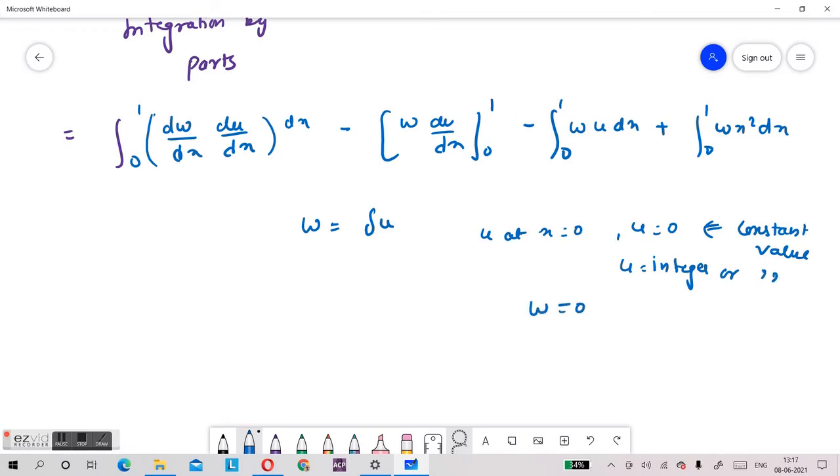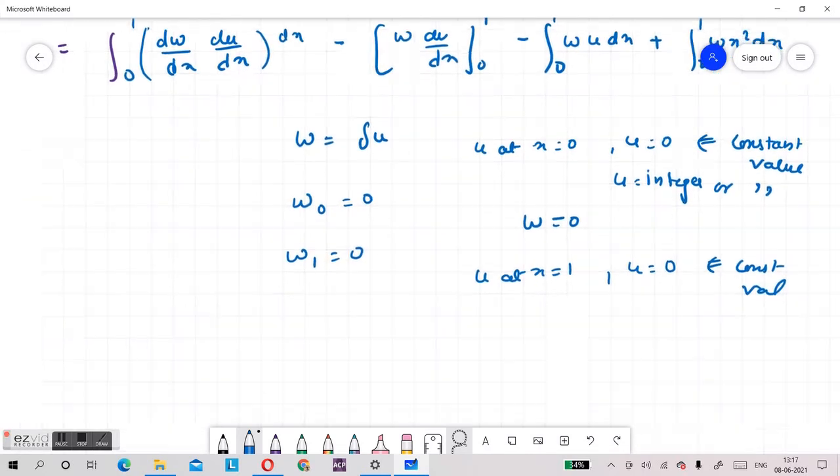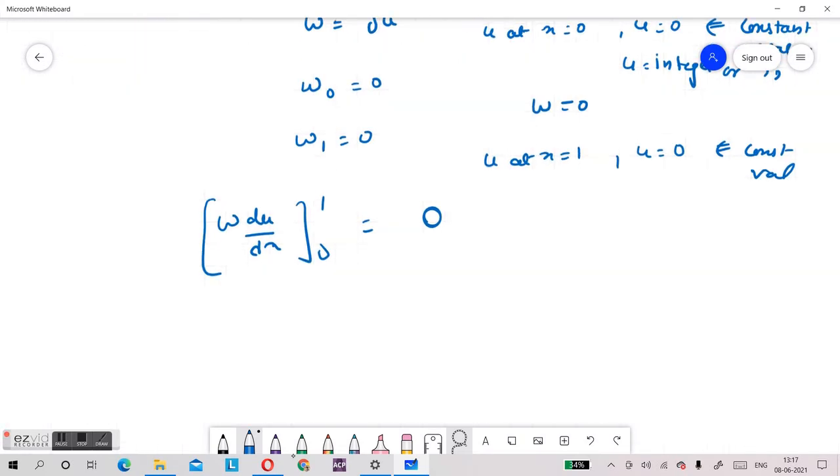And u at x equals to 1 is again 0, so it is also a constant value. So w at 1 equals to 0. So this term will become 0. How will it become 0? Just do simple mathematics. This is at x equals to 1.